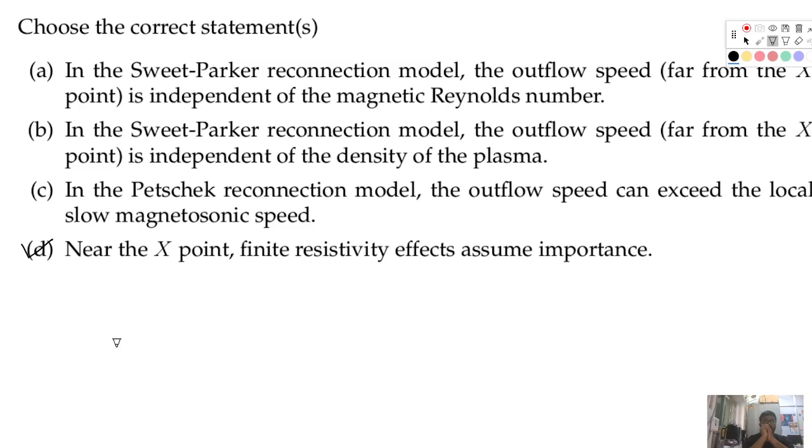So it will cover the entire length over which you have the difference in the magnetic field.